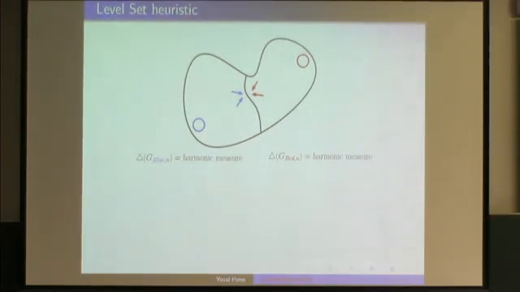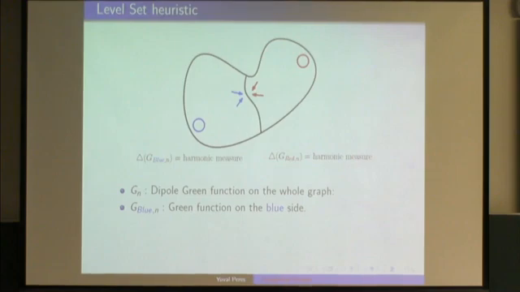Now here's some further heuristic for why the interface, once it exists, will be a level set of this dipole green function. We can compare this dipole green function to two classical Dirichlet green functions: one for a particle that gets killed when it exits this interface from the blue side, so when it enters the red side, and a similar one for the red side.